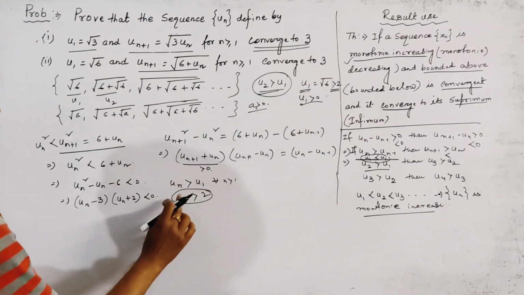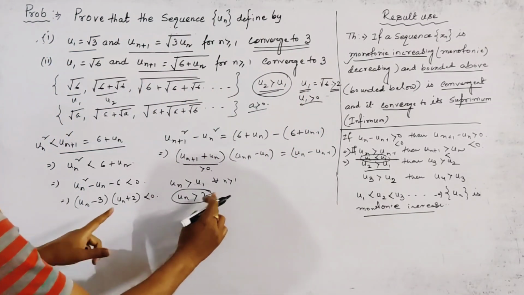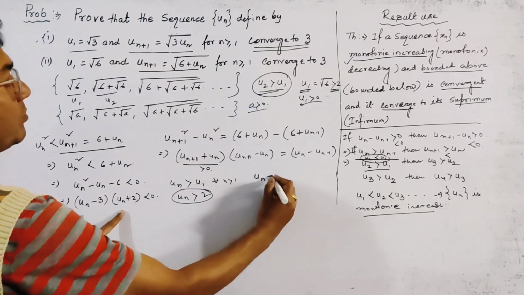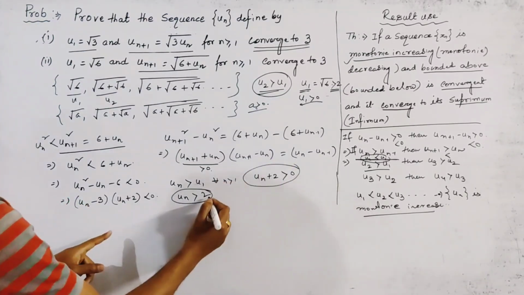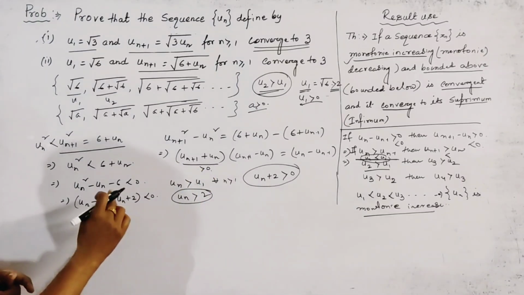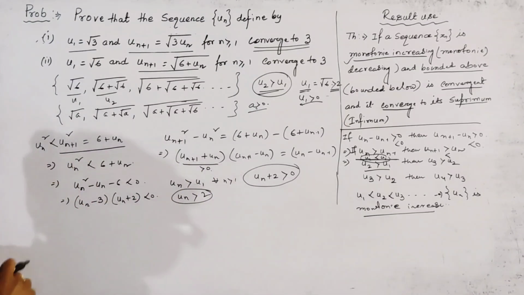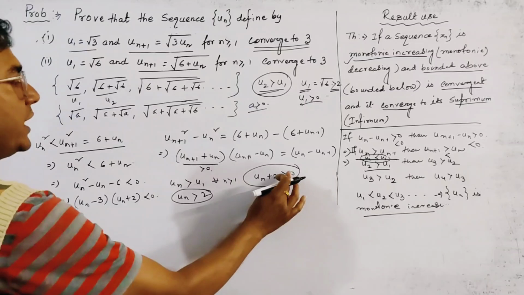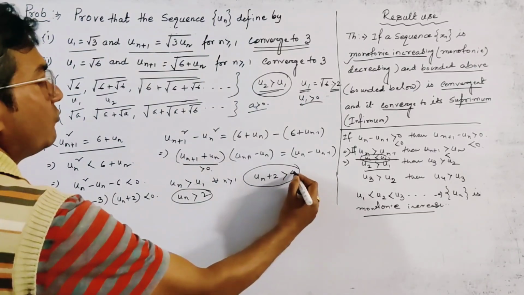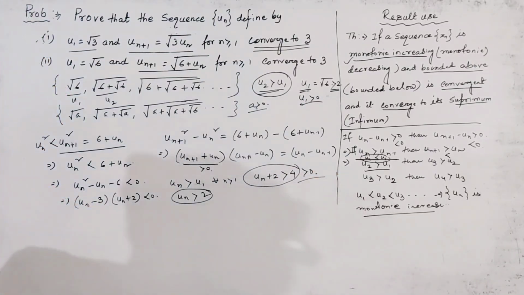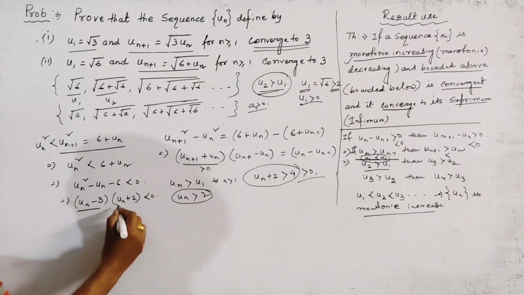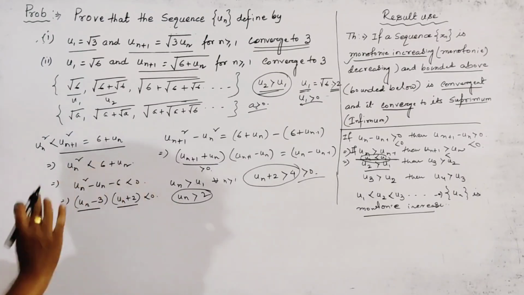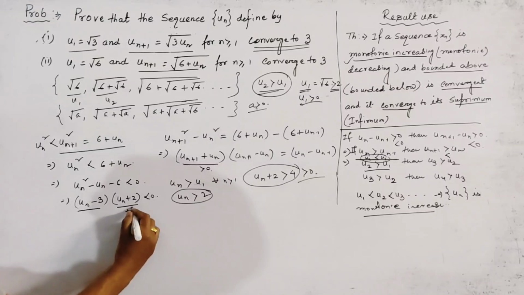Now since un greater than 2, un plus 2 must be positive, greater than 4, and so greater than 0. The product of the two terms on the left side is negative, but this term is positive, as we already proved.